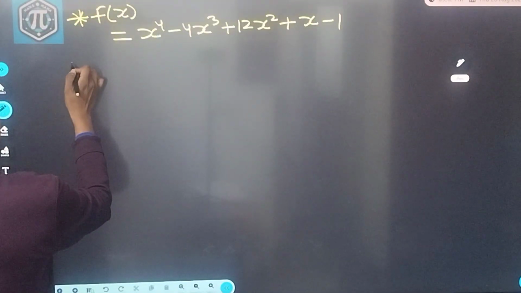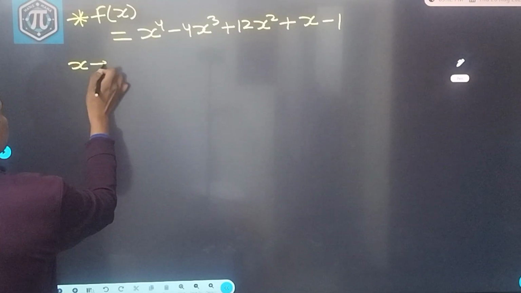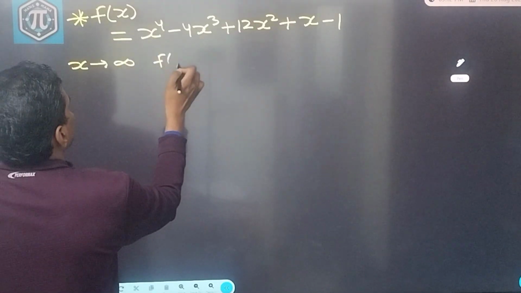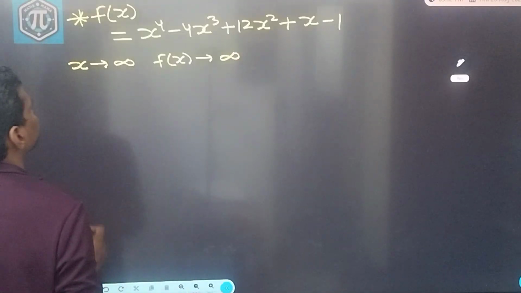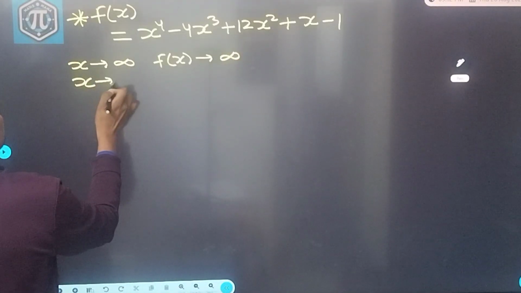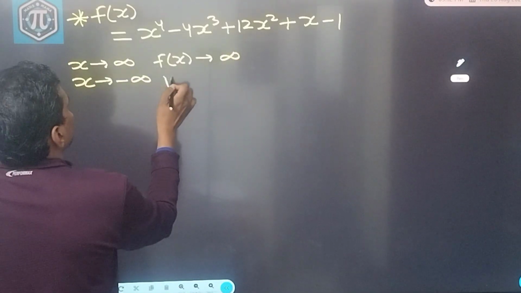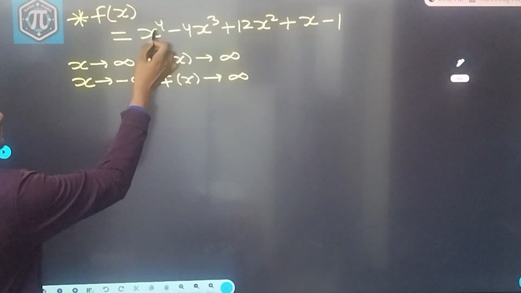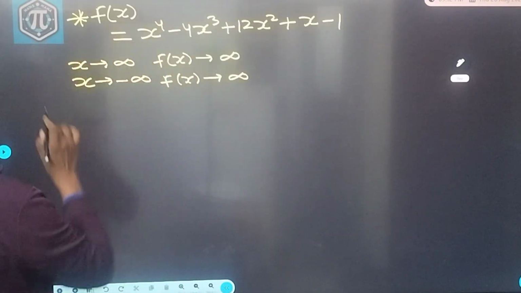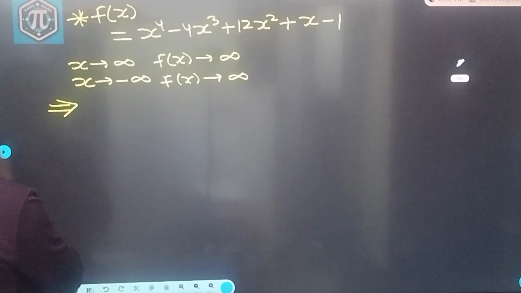We are going to see here x approaching to infinity, f of x is also approaching to infinity. If x is approaching to minus infinity, f of x is again approaching to plus infinity. Why? Because minus infinity whole power 4, it will become plus infinity.